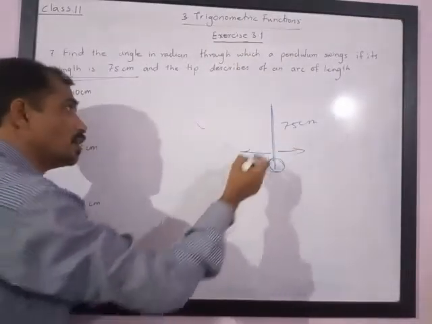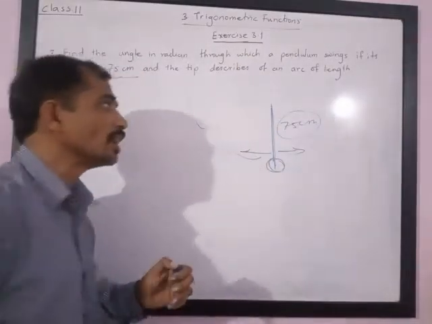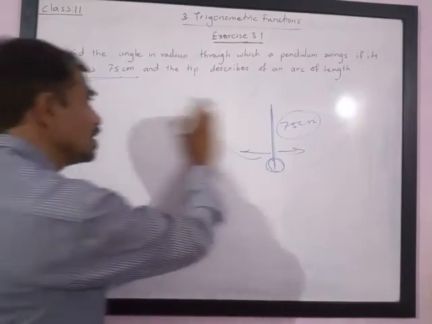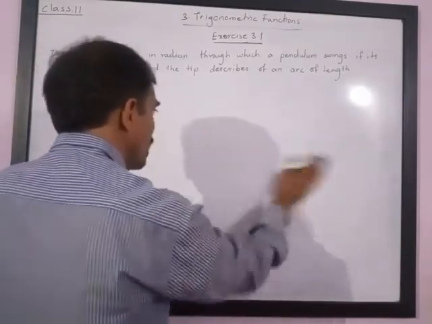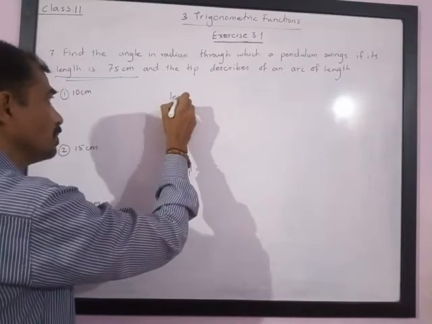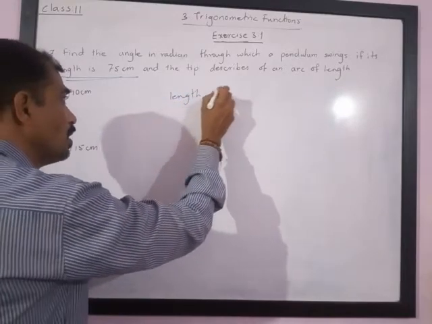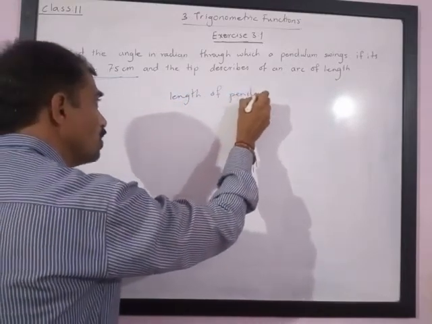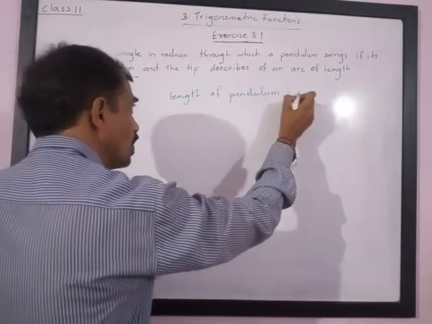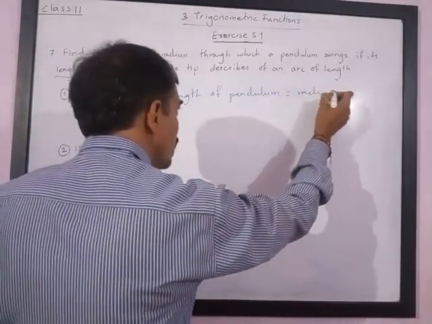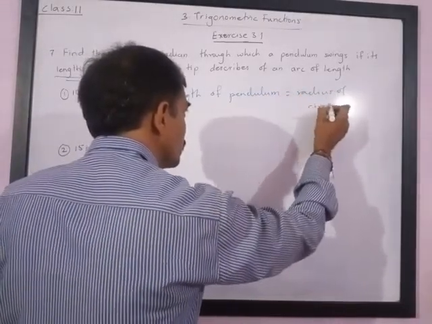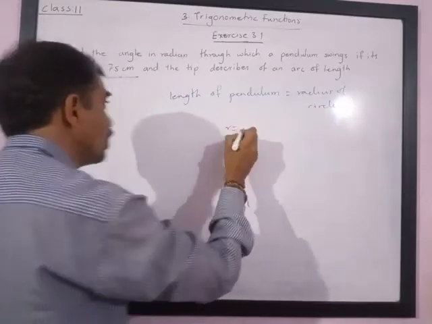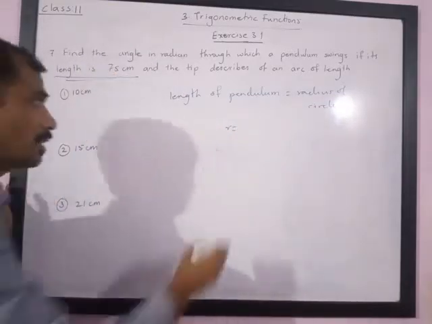You can understand, this becomes the radius of the circle. So length of the pendulum is equal to radius of the circle. It means r is equal to 75 centimeters.